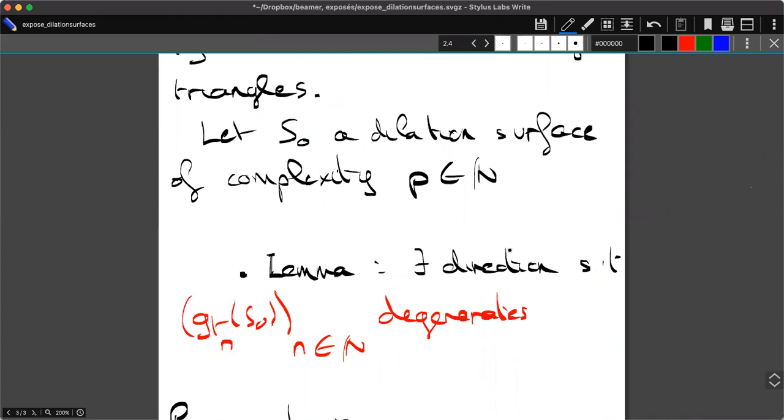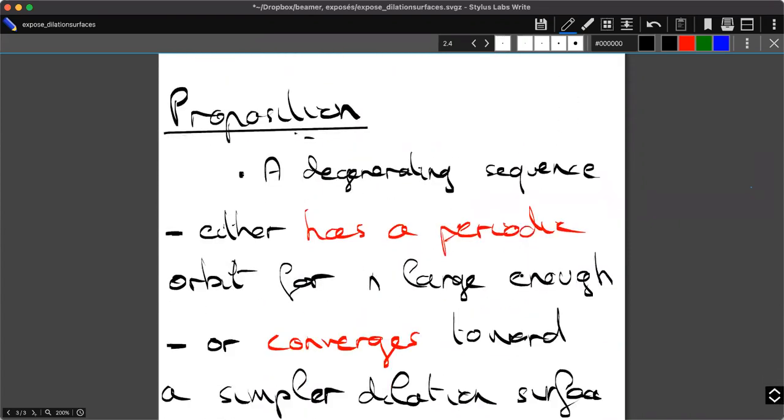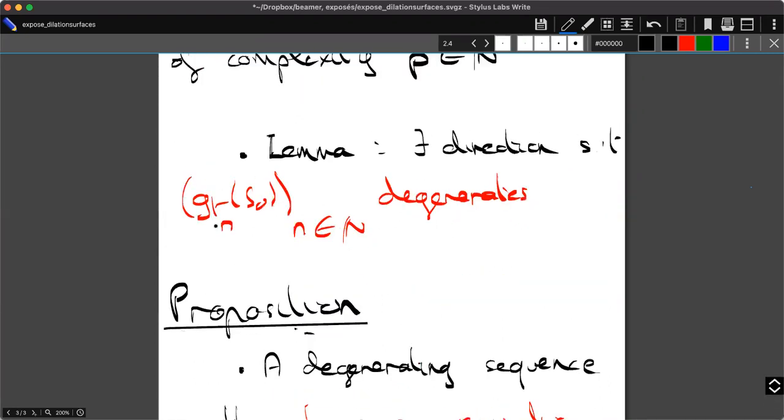And now the heart of the proof is the following proposition, which says that if you have a degenerating sequence of dilation surfaces, either it has a periodic orbit for n large enough, meaning you will find some integer after which the dilation surface has a periodic orbit of the foliation.